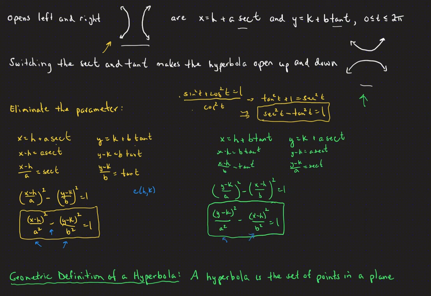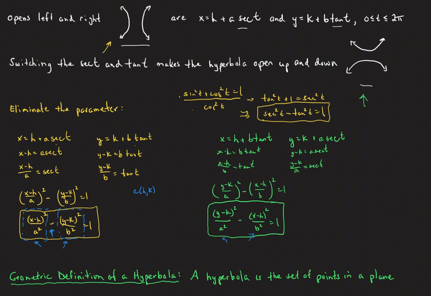But in an ellipse, what makes a squared is that it's bigger. In a hyperbola, that's not necessarily the case. What makes a squared is that it goes with the first term that's positive, that comes before the minus sign. And the b squared term goes with the term that follows the minus sign.